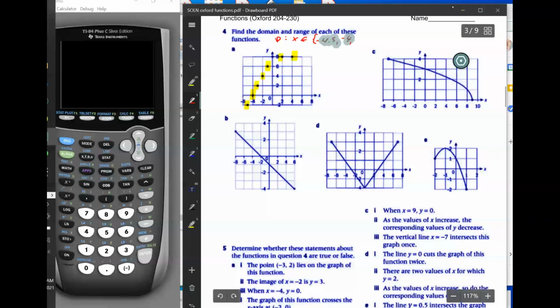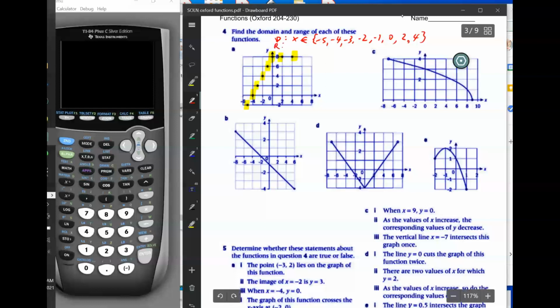So negative 5, negative 4, negative 3, negative 2, negative 1. Oh, and there's one at 0 too. And then there's one at 2, and there's one at 4. So those are the values, and they're discrete values because they're all separated out, that are in the domain.